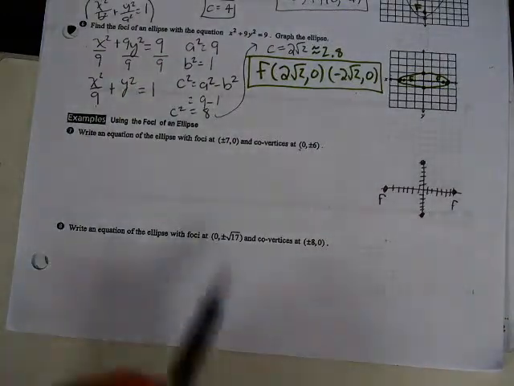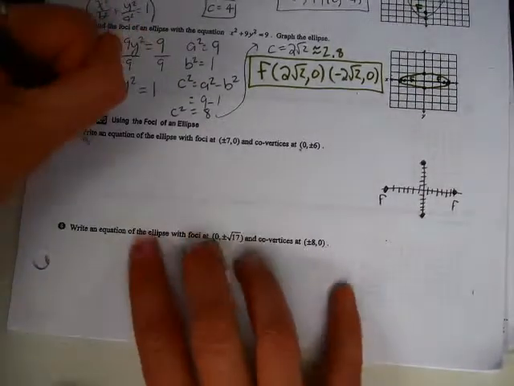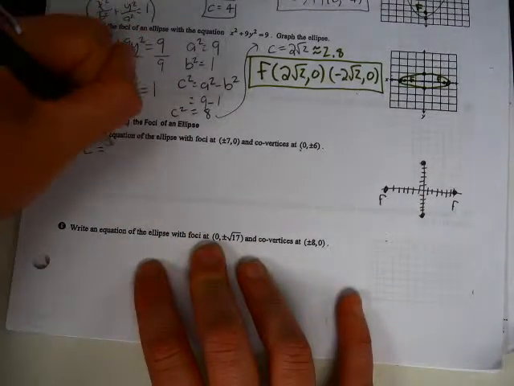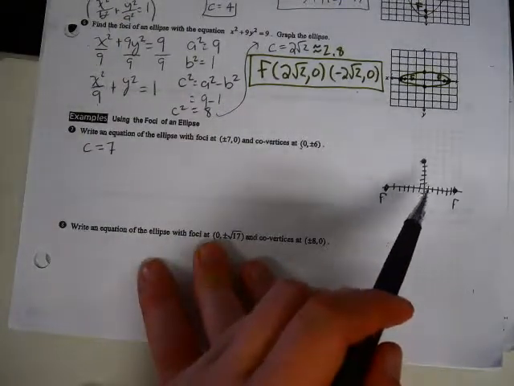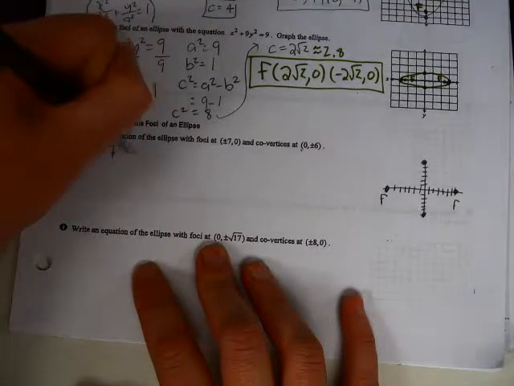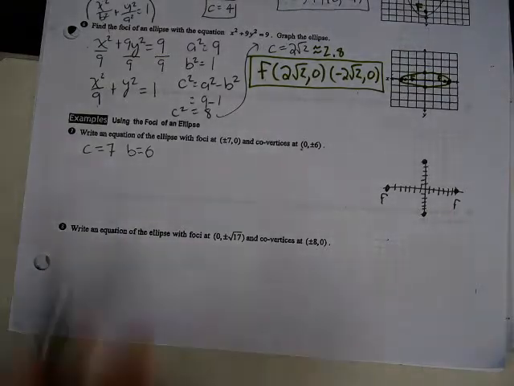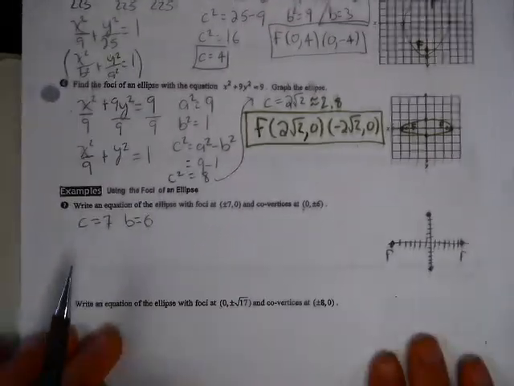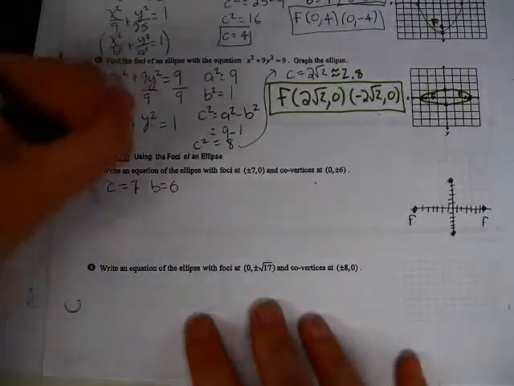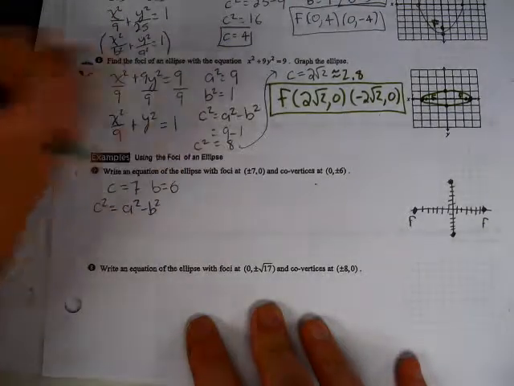Okay, so I have C, the distance from center to focus. C equals 7. And what else do I have? I have B, the distance from center to co-vertex. B equals 6. So now I can use my formula to find A. C squared equals A squared minus B squared.